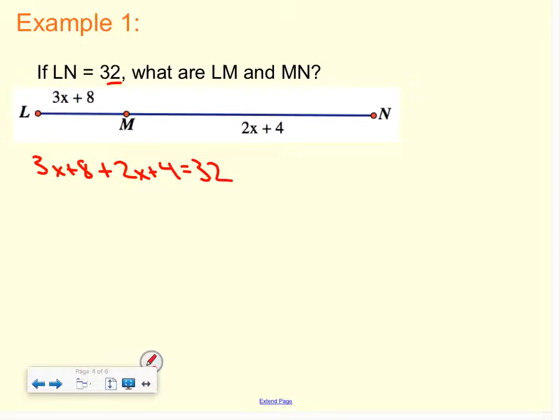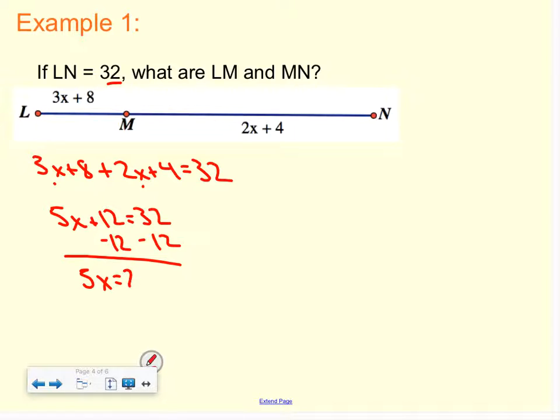Now I can use some of my algebra skills that I perfected last year to write an equation and solve. Combine like terms: 3x plus 2x is 5x, 8 plus 4 is 12. This equals 32. Now I have one of those beautiful two-step equations. I subtract 12 from both sides and get 5x equals 20. Divide both sides by 5, and x equals 4.